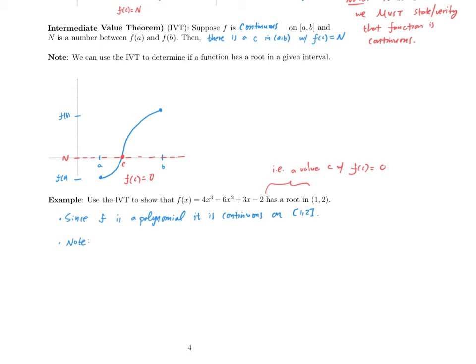And here it's as simple as evaluating the function at the endpoints of the interval. If you substitute in 1 for x, you get 4 minus 6 plus 3 minus 2, which is negative 1.